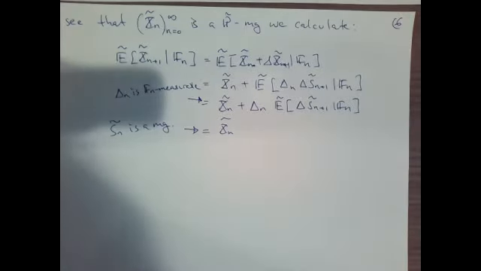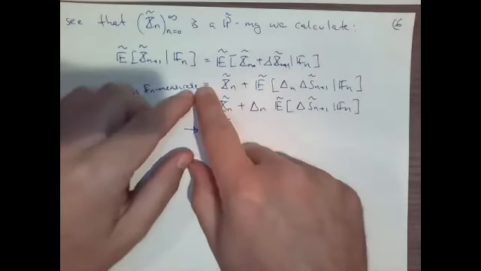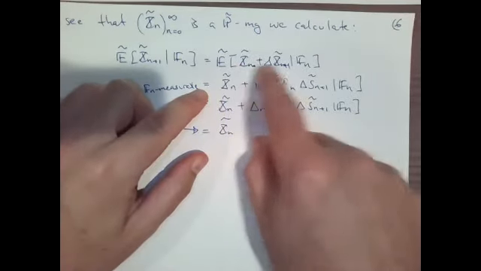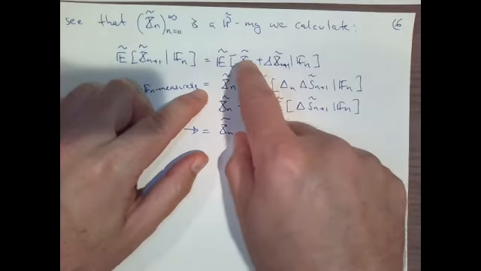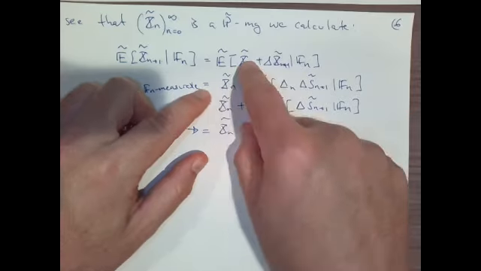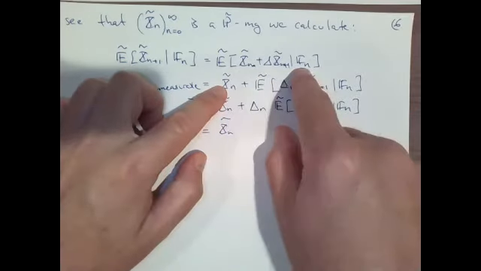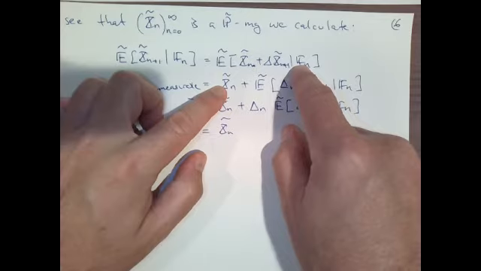Professor, how did you get the equation going from the first equality to the second? We just use linearity, right? The expectation of a sum is equal to the expectation of this thing plus the expectation of this thing. The first term here is already measurable. X n tilde is measurable with respect to F n.